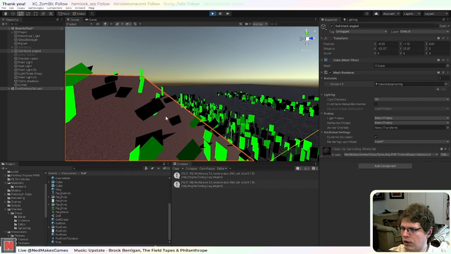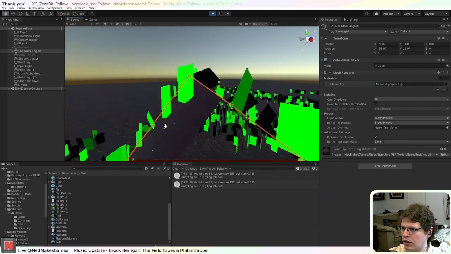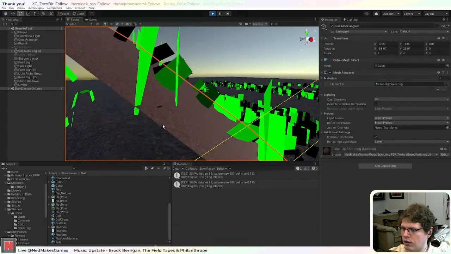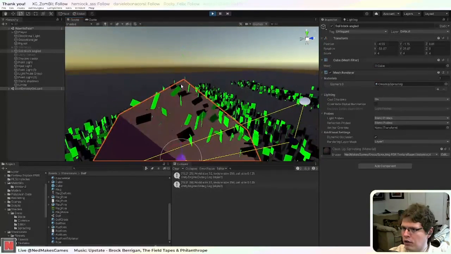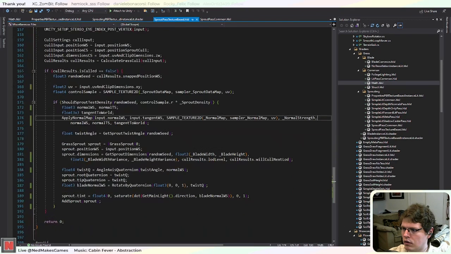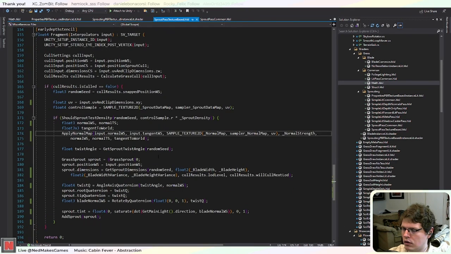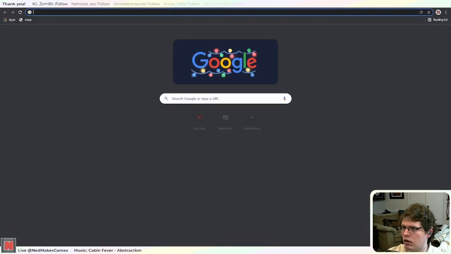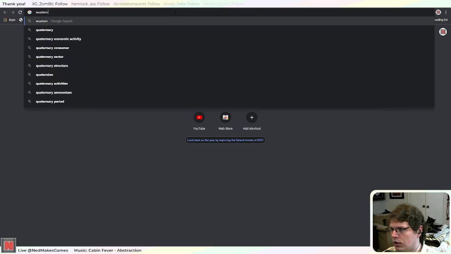So when we tell it to twist around the normal vector, it doesn't actually twist the way that I want it to, because I need to rotate the blade so that it's pointing along the terrain normal first and then twist it. Okay, so to do a quaternion like that, I guess I need to do a look at rotation. Hopefully that won't be too hard. Oops.